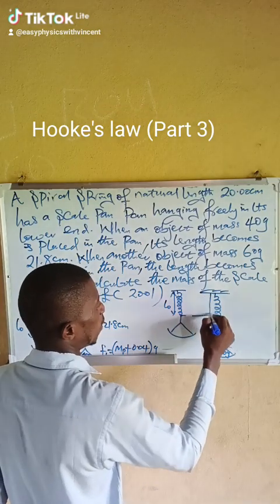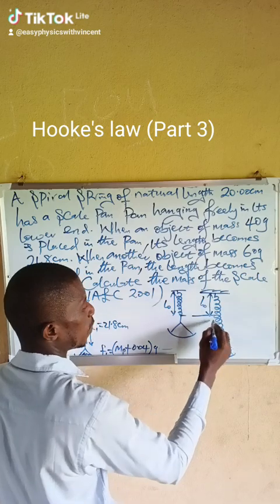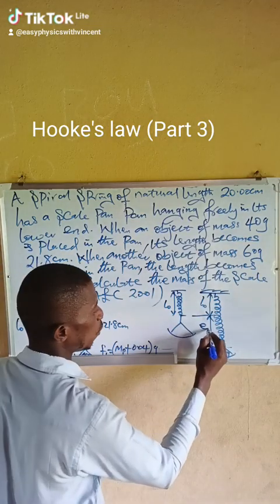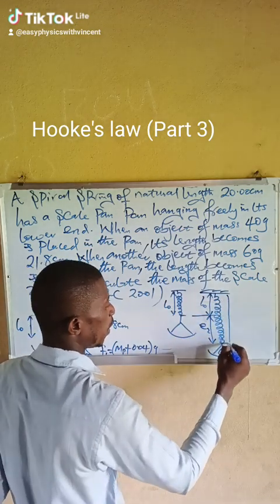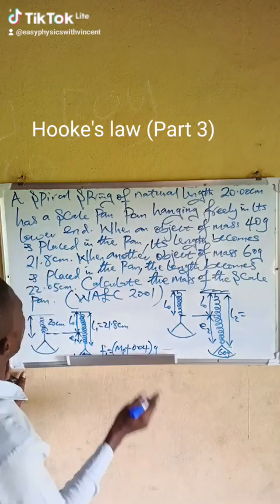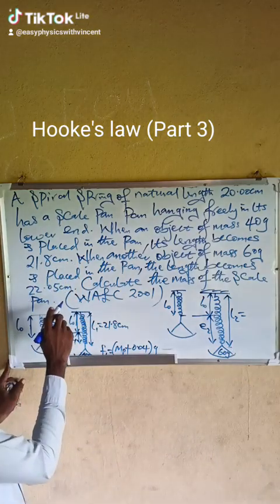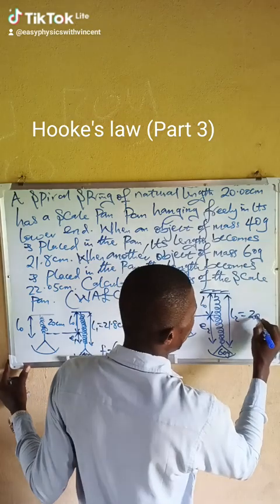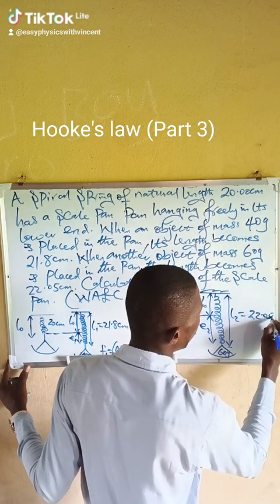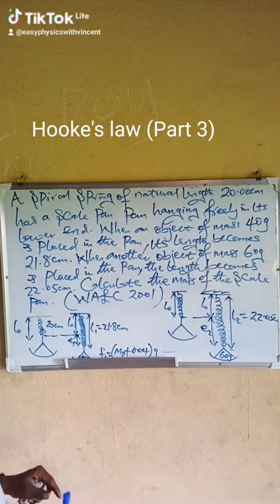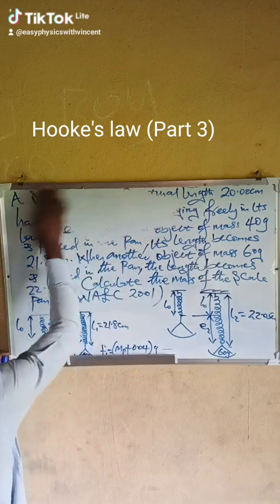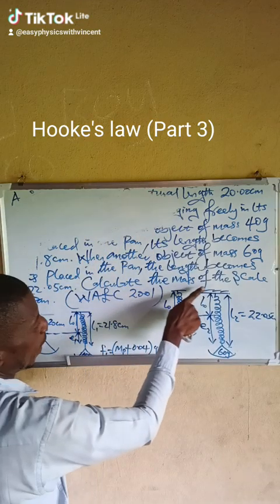Then this place is L naught. This place is E2. And from here to here is L2, which is given as 22.05 cm.